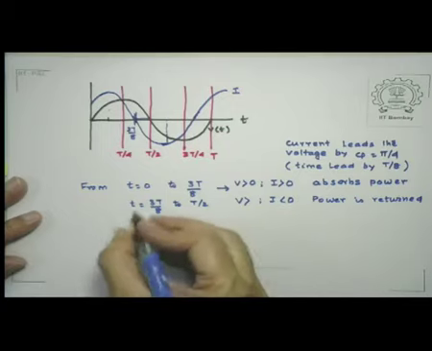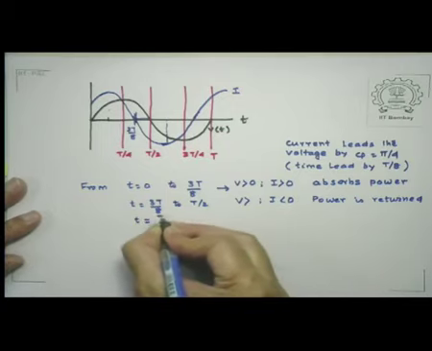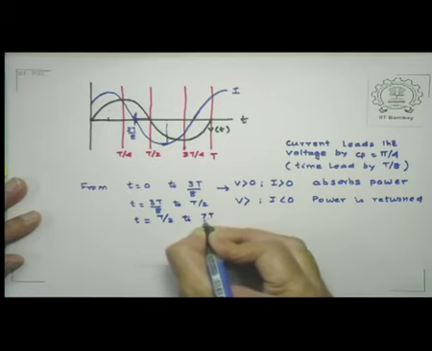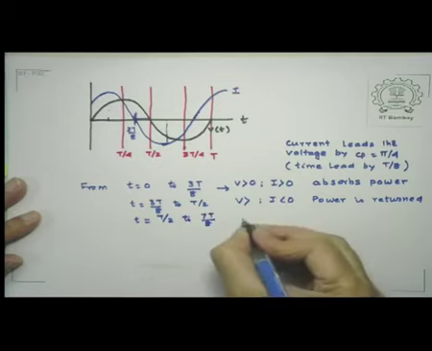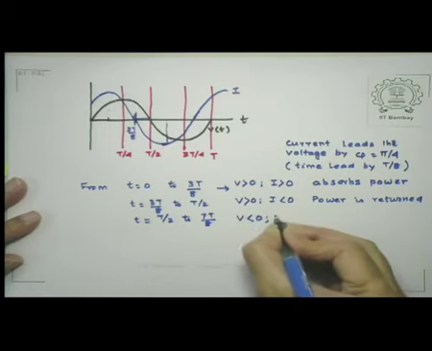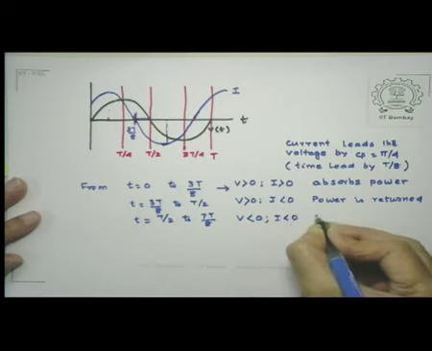And I can continue like this from t equal to T by 2 till 7T by 8. My current and voltage are both negative. So once again, power is absorbed.